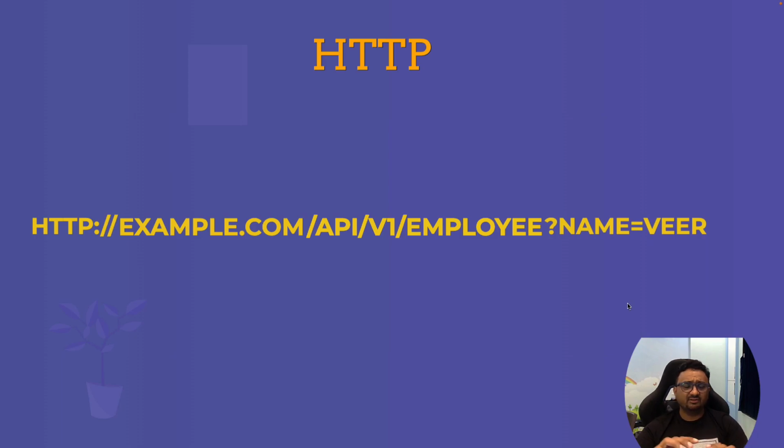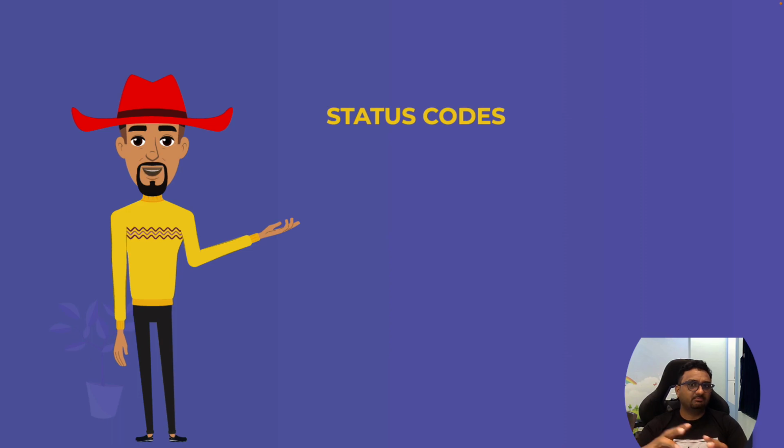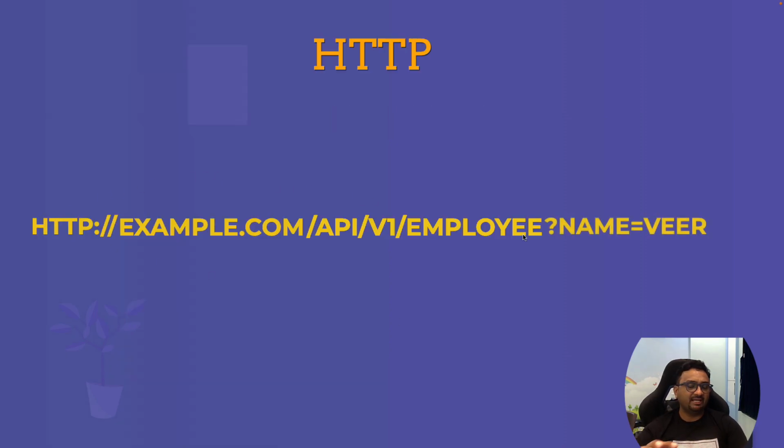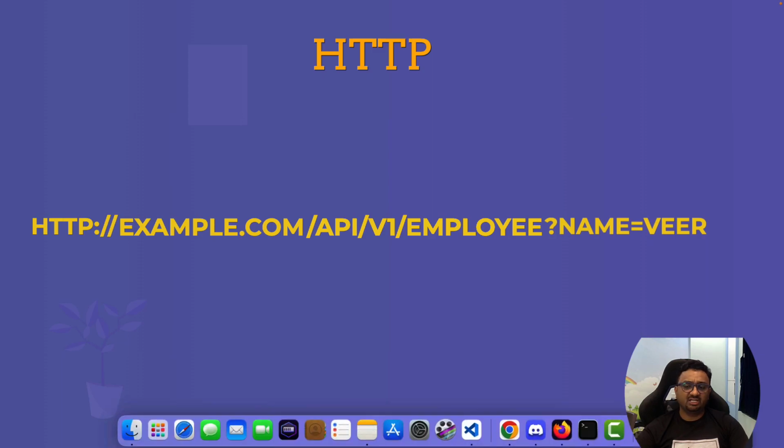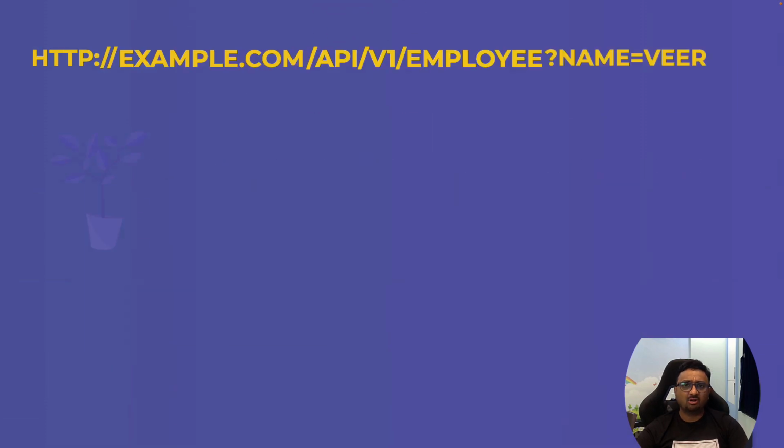So this is the structure of an API request, a valid request pattern. But how can we test whether it is returning a correct value for us or not?